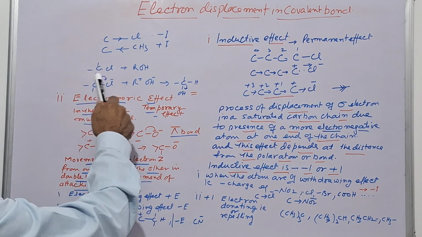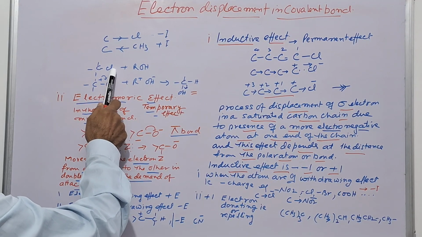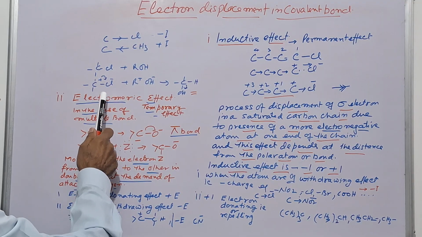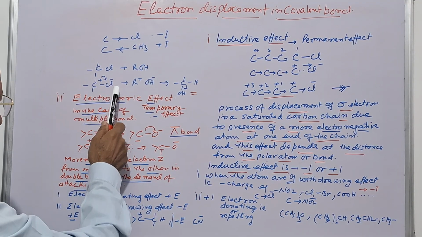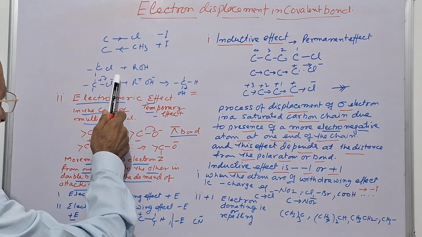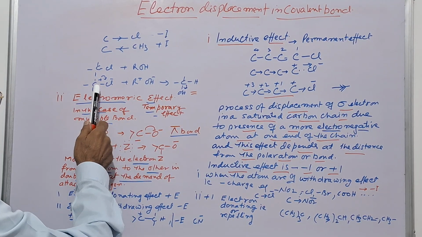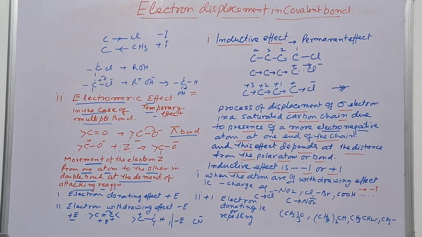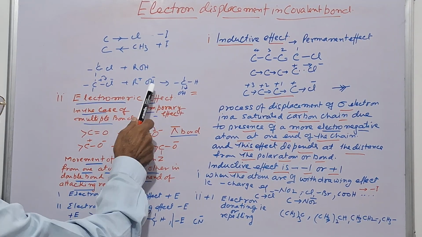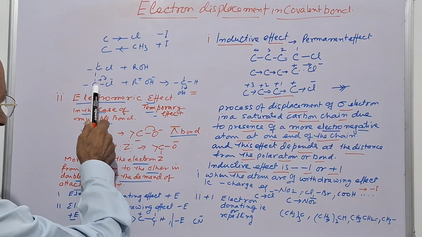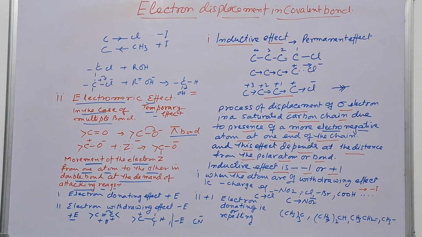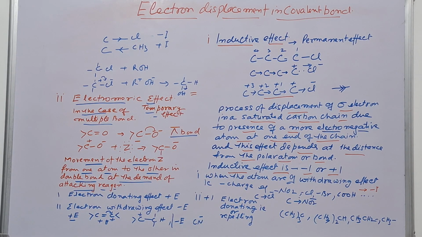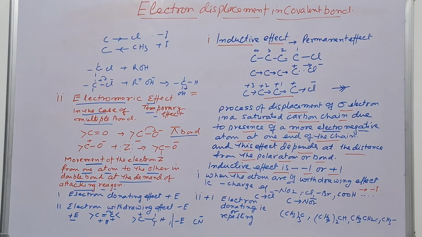Suppose this is a compound having a chlorine at one end. The shared pair is shifted toward the chlorine, the chlorine becomes enriched with electrons and the carbon becomes positively charged. Now it reacts with OH negative. This attacking agent OH will go to the carbon atom which is deficient of electrons. So this inductive effect is very important in the reactions of saturated hydrocarbons.